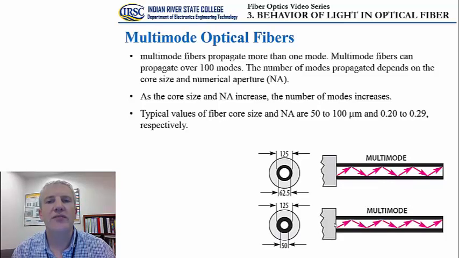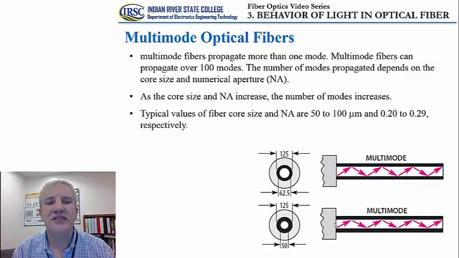As opposed to the single-mode fibers, multi-mode optical fibers can propagate more than one mode. Specifically, multi-mode fibers can operate over 100 modes. The number of modes that propagate through the multi-mode fiber depends on the core size and the numerical aperture. In other words, it depends on the acceptance cone, or directions from which we are launching the light into the optical fiber.